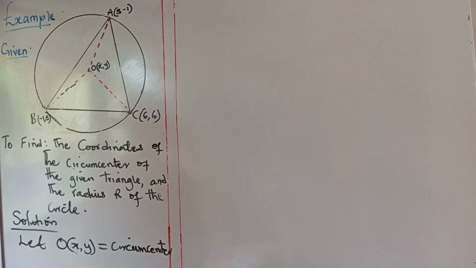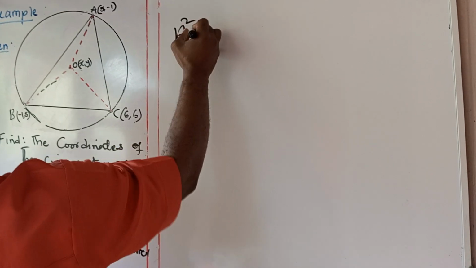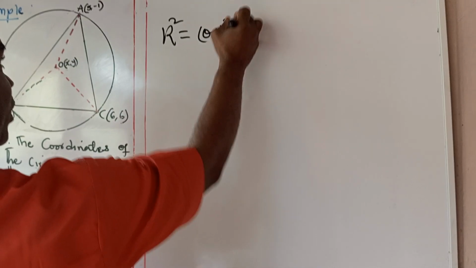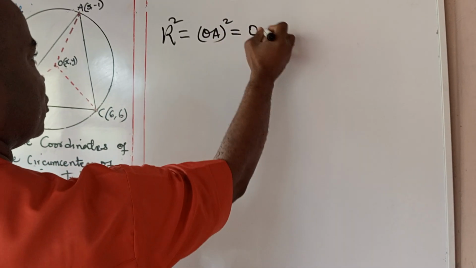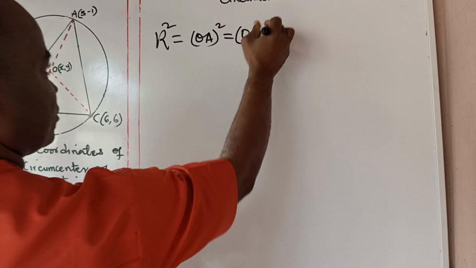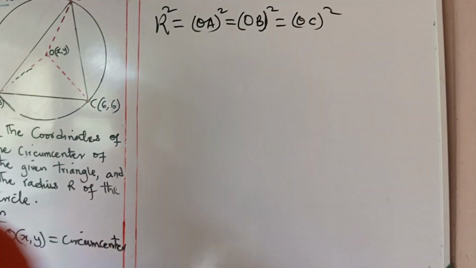Thereafter, we find the value of r. So r squared is equal to OA squared, which is equal to OB squared, which is also equal to OC squared.